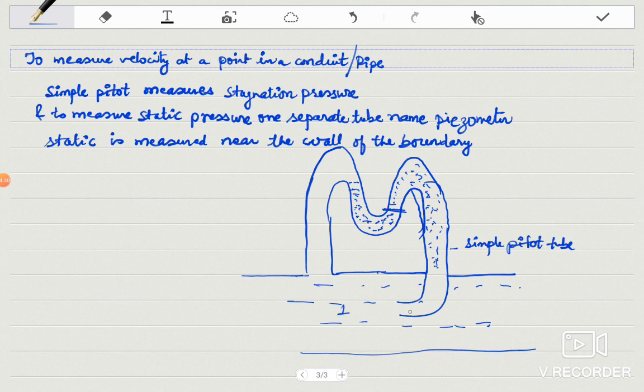Similarly, as in the previous article, this is point 1, this is point 2. Now you look at it. I have said that static pressure is measured near the wall of the boundary. The boundary is smooth.